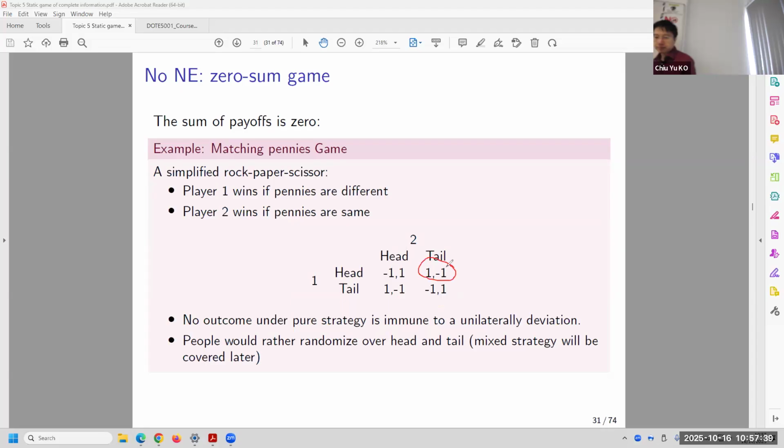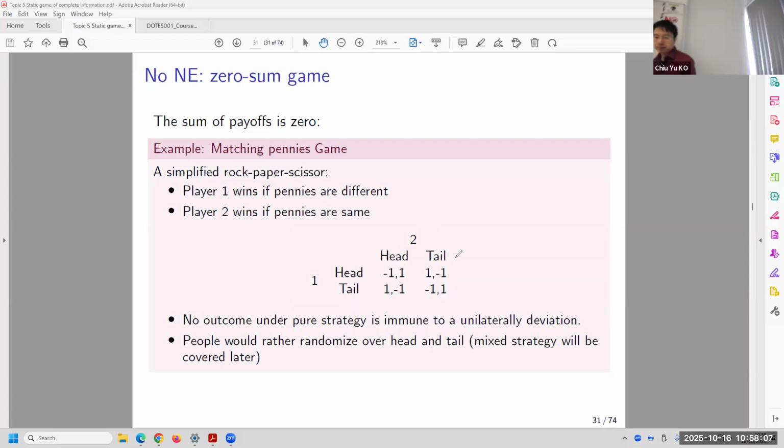Again, the answer is no, because the coins are different, and player two wants them to be the same, so you jump back. So you can see the cycle over there, going counterclockwise. So everyone, at some point, wants to deviate. So there would be no Nash equilibrium in this particular case.